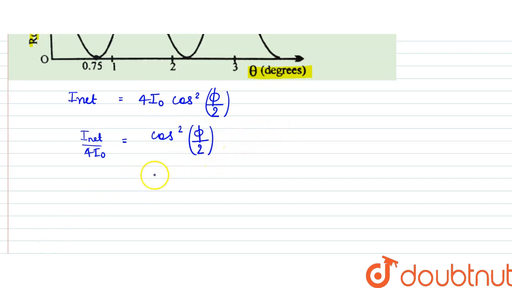So from here we can write phi to be equal to 2 pi by lambda into the path difference, that is delta x.